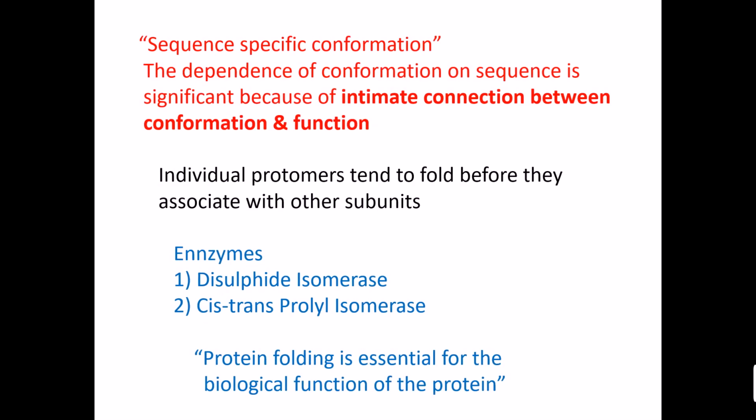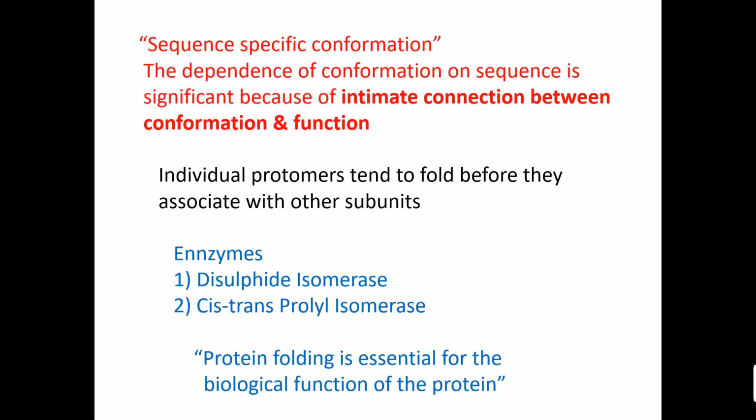Sequence specific conformation: the sequence decides the specific conformation. This dependence of conformation on sequence is significant because of the intimate connection between conformation and function. The conformation decides the function, and according to the function there is a conformation of a protein molecule.